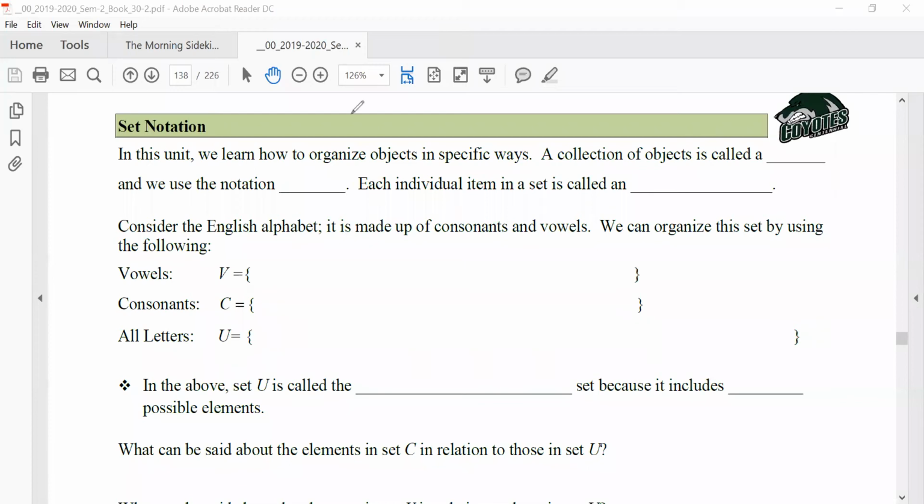What I need you to know though is that there are some definitions and some things that I really need you to know. So we'll work on those as we go through here today. Okay, set theory is all about organizing things. And really, that's the goal of math in general, is how do we organize things? You've done a lot of this maybe in different classes.